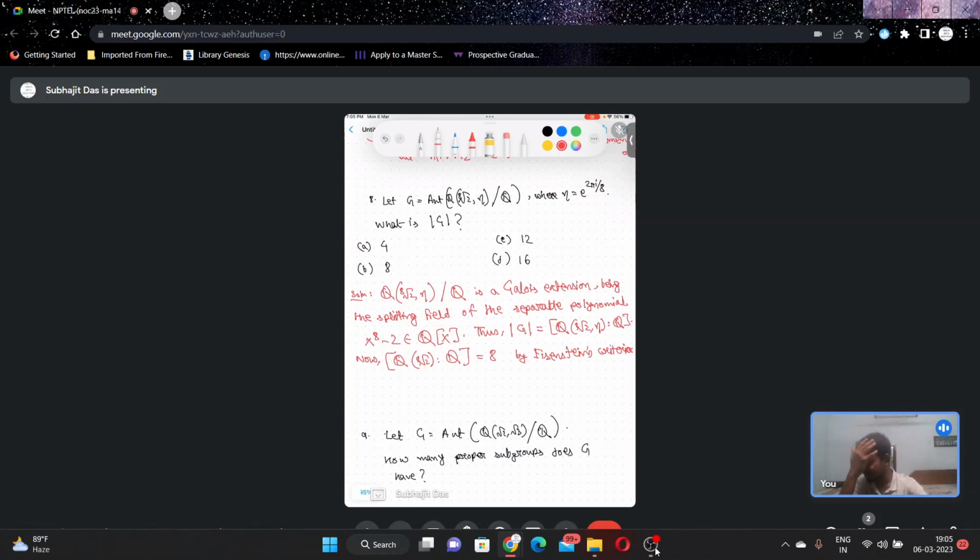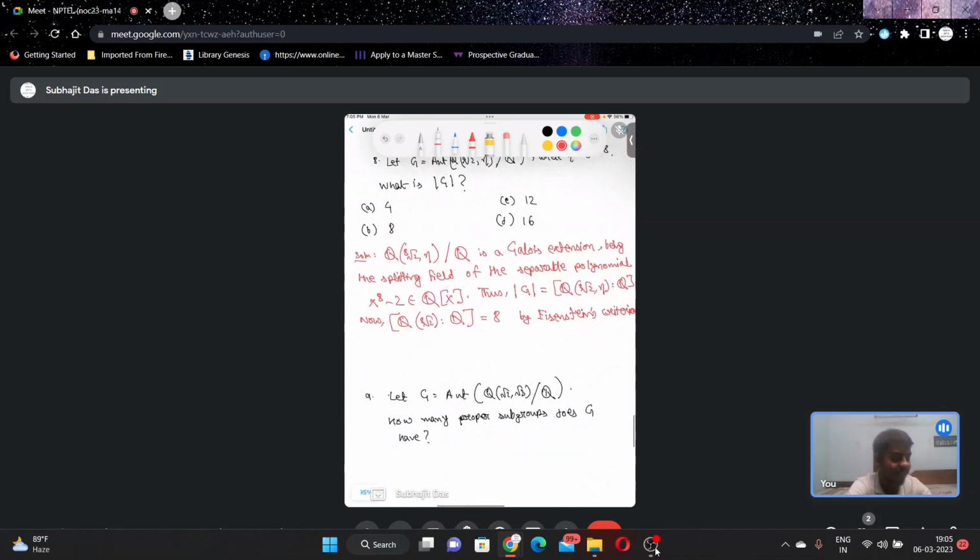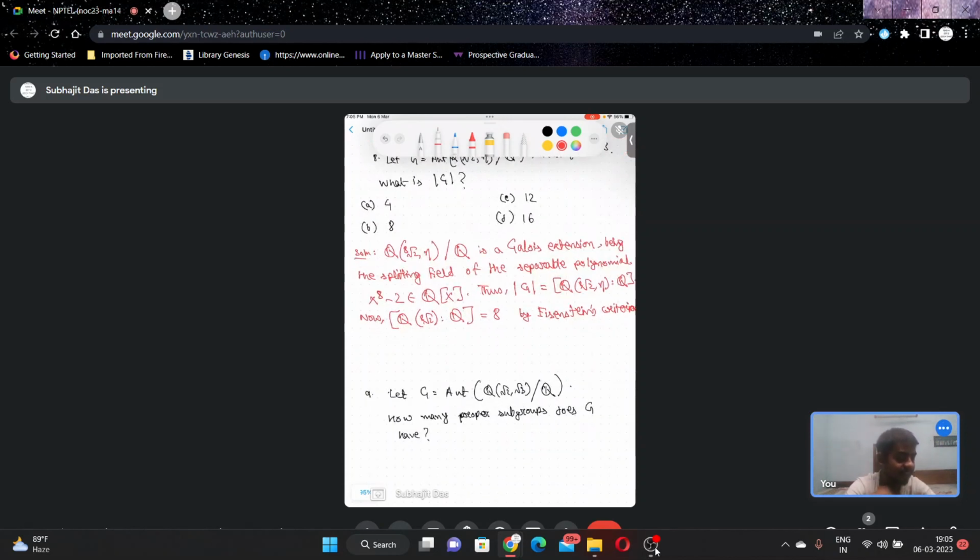The degree of the extension F(a) over F is equal to the degree of the minimal polynomial of a over the base field F. The minimal polynomial of the 8th root of 2 over the base field Q is exactly x to the power 8 minus 2. Firstly, this is a monic polynomial. The 8th root of 2 satisfies this polynomial, and finally by Eisenstein's criterion this is irreducible over Q. So this is indeed the minimal polynomial, and the degree of this polynomial is 8, so the degree of the simple extension is 8. So by Eisenstein's criterion you have that this is 8.